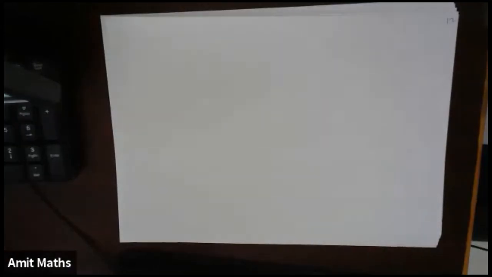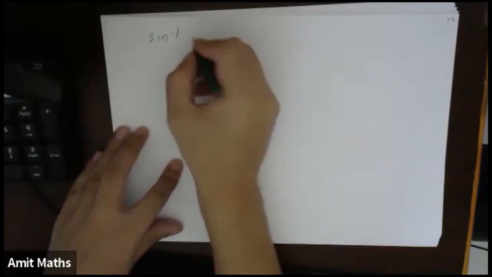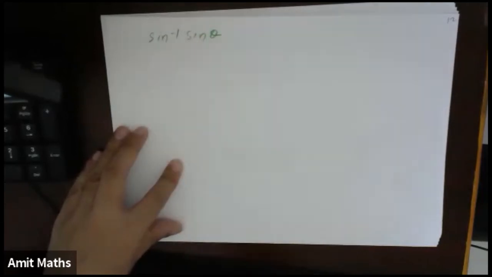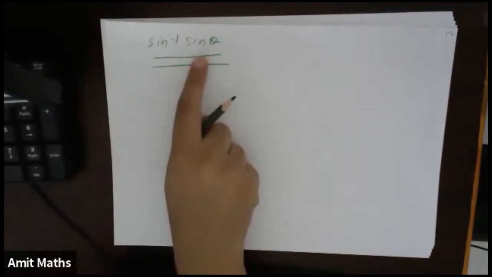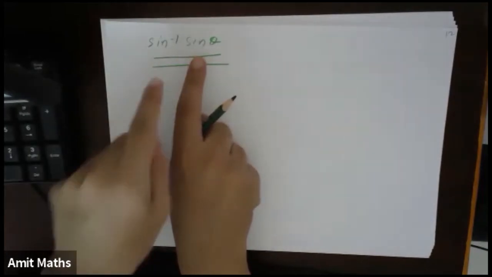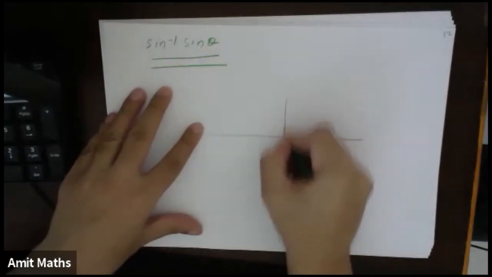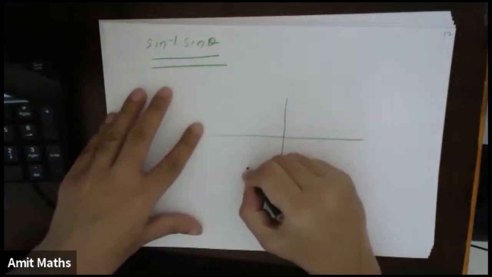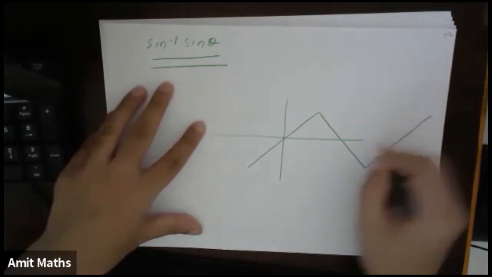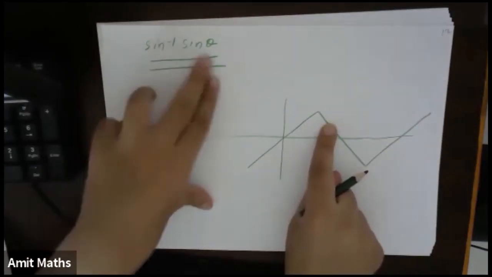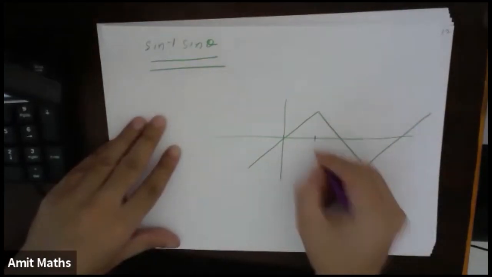We have sine inverse of sine of theta. If you remember, we have done questions like this before, and we know what the graph of this will be. This graph will be something like this. If you have notes, just check your notes; it's okay to check once again.